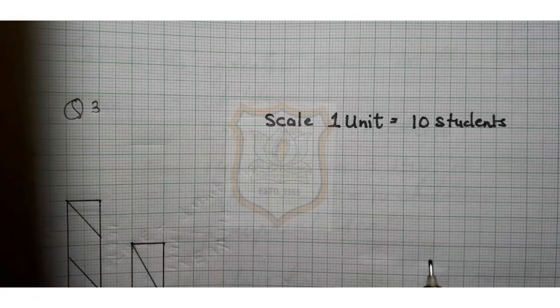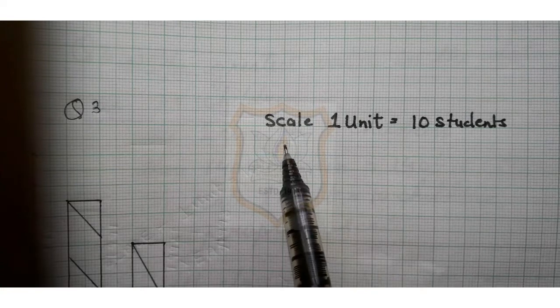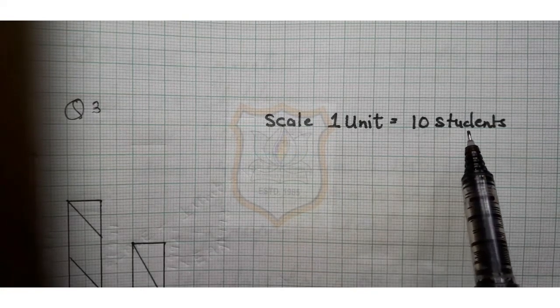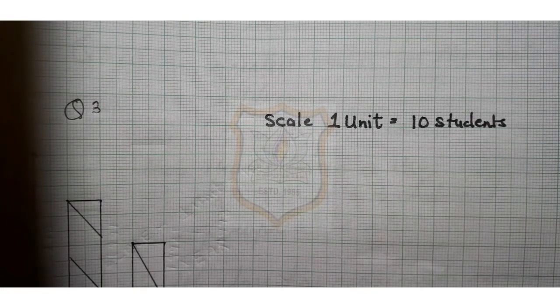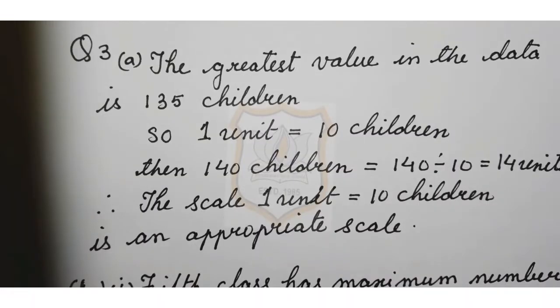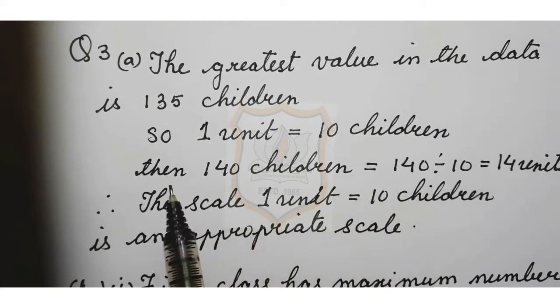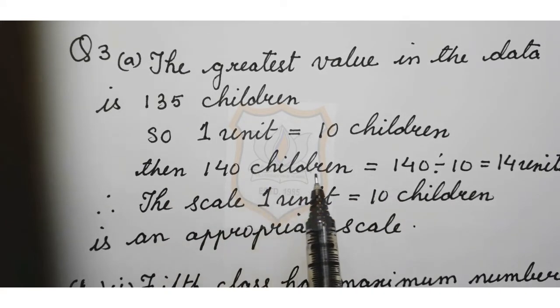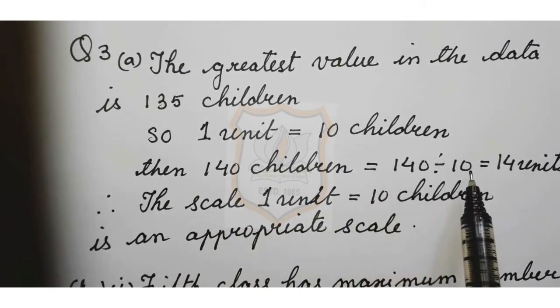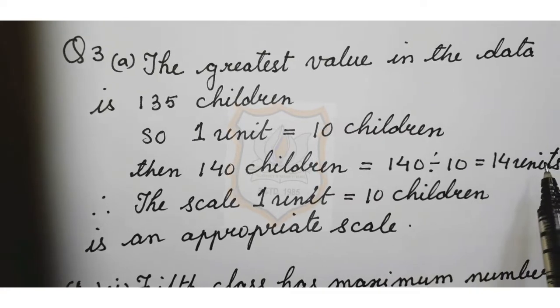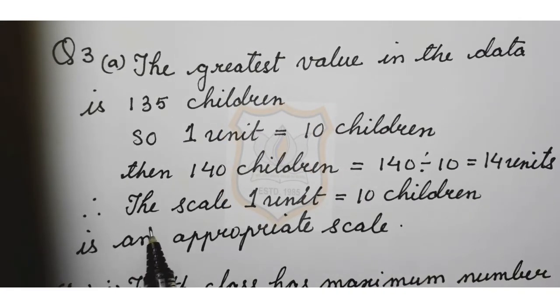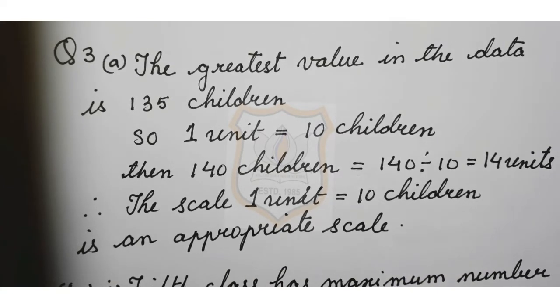On a graph paper, you have to write the scale: 1 unit is equal to 10 children or students. Then 140 children is equal to 140 divided by 10, that is equal to 14 units. Therefore, the scale 1 unit is equal to 10 children is an appropriate scale.